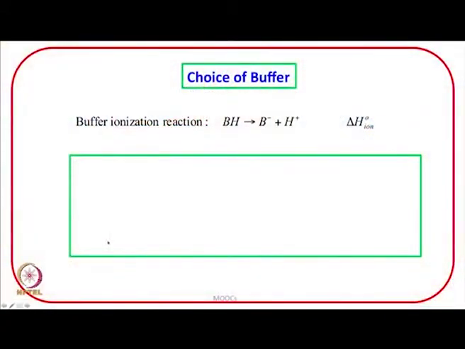So, let us take a look at the slide in deciding the choice of buffer. Buffer ionization reaction means, let us say the buffer is BH, the ionization reaction will be B minus plus H plus, and the corresponding enthalpy we call the enthalpy of ionization of the buffer.